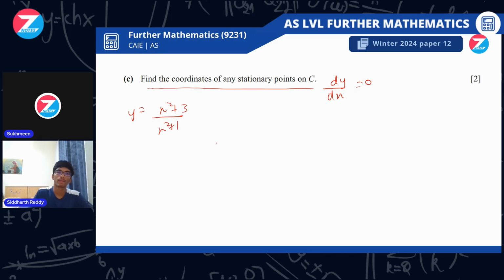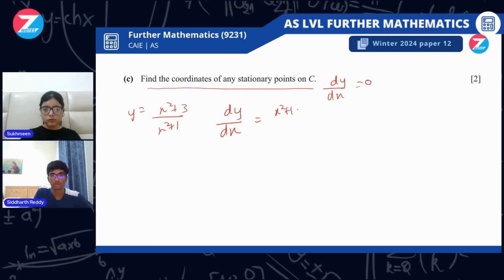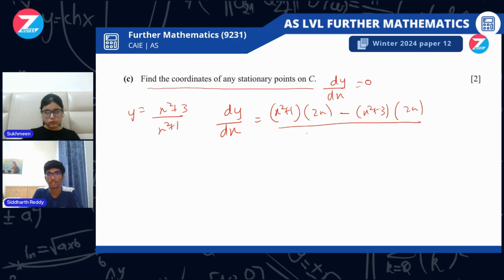So dy by dx is equal to, you should know the quotient rule, like how to differentiate fractional functions. So x square plus 1 into the derivative of the numerator, which is 2x, minus x square plus 3 into the derivative of the denominator, which is again 2x, by the denominator square, which is x square plus 1 whole square. And this is equal to 0.